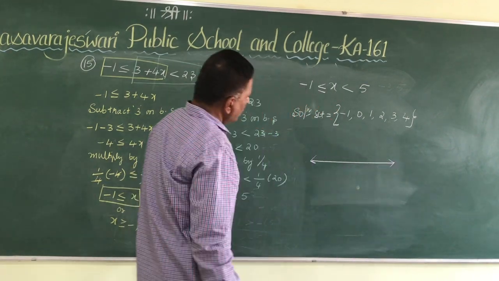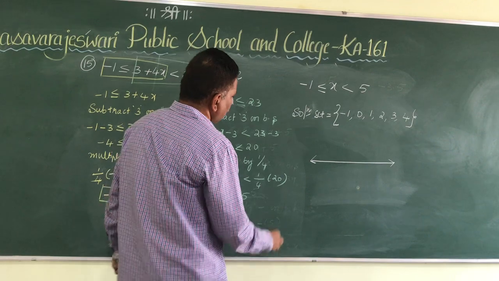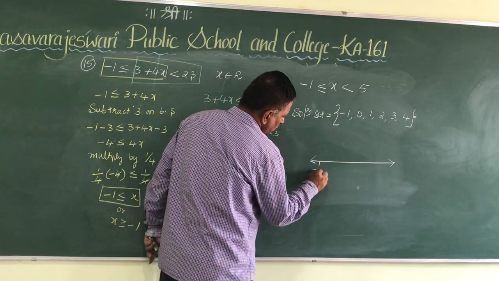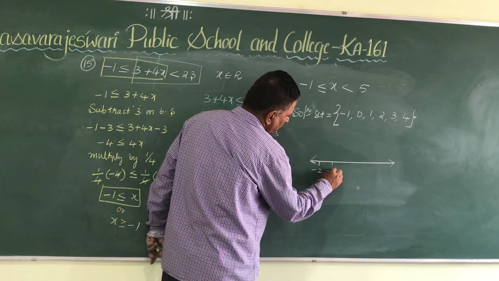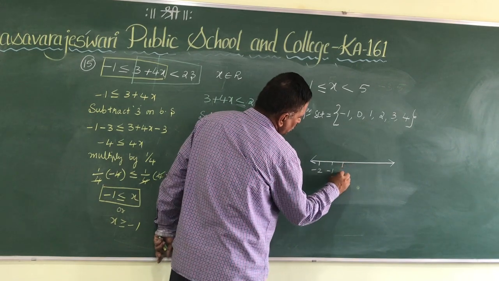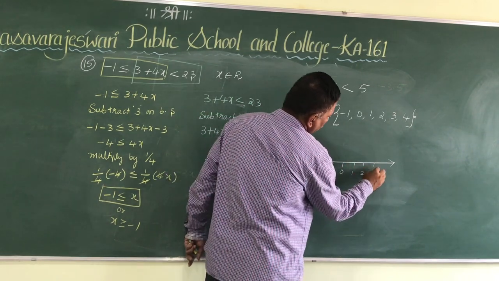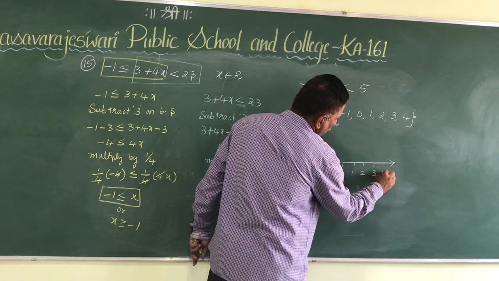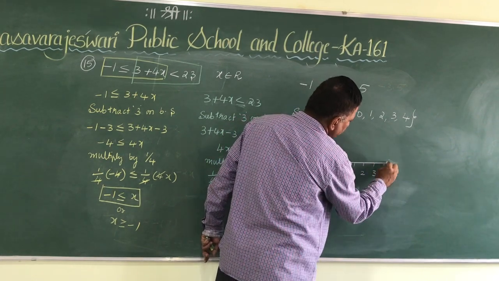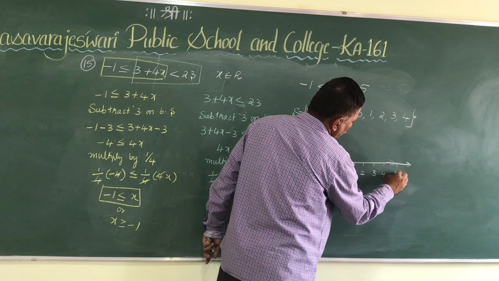You can consider, if you want, from minus 2 or minus 1, minus 2, minus 1, 0, 1, 2, 3, 4. If you want, you can extend this up to 5.